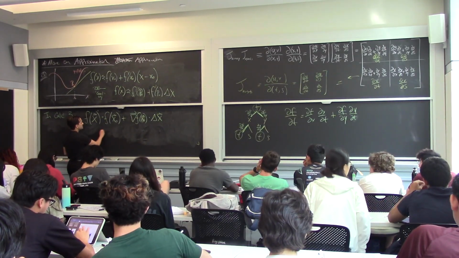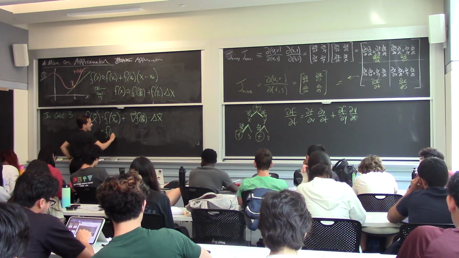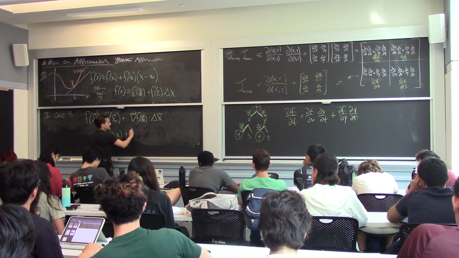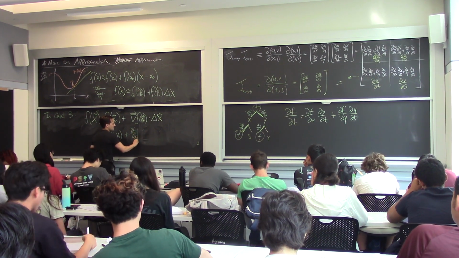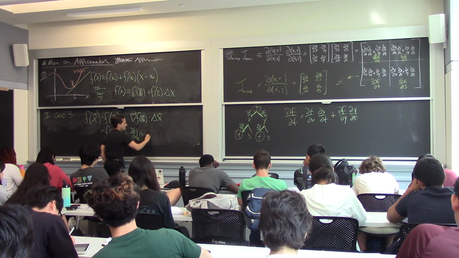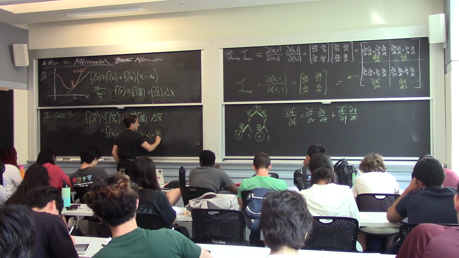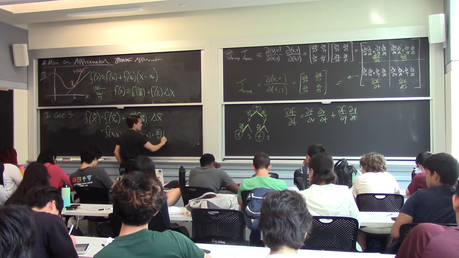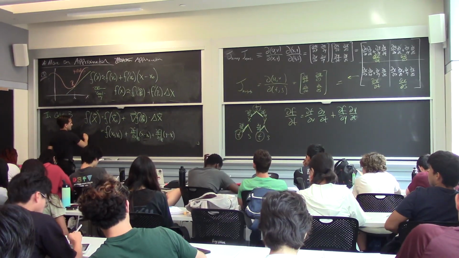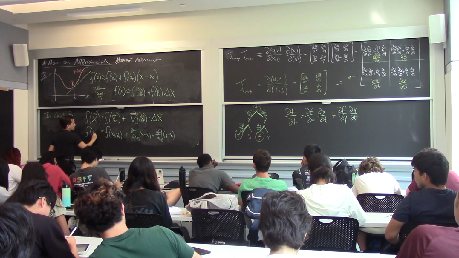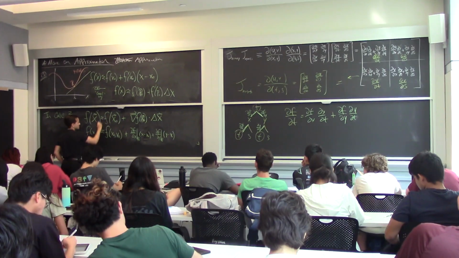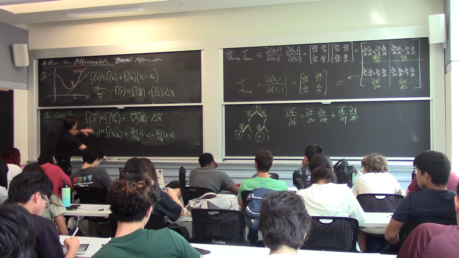This is the same thing as saying f of x naught y naught plus df by dx evaluated at p naught times x minus x naught plus df by dy evaluated at p naught times y minus y naught. And that was f of x y. That was our approximation. This boils down to this.